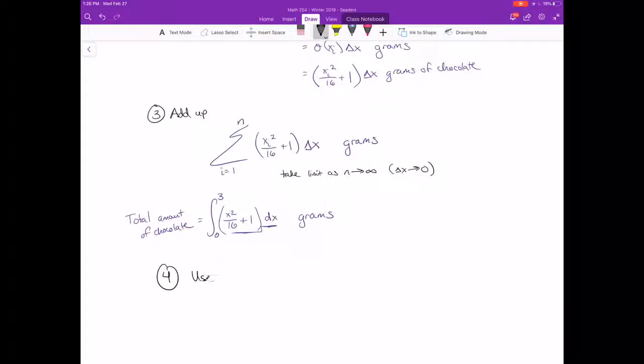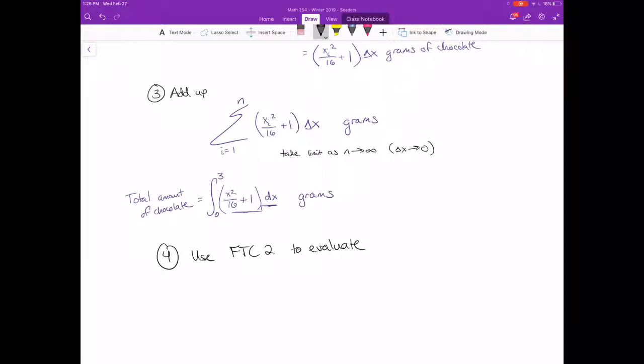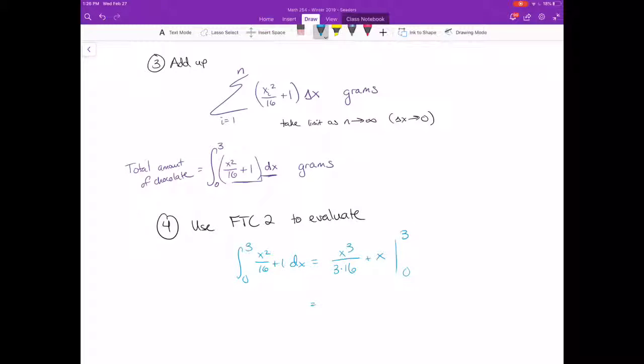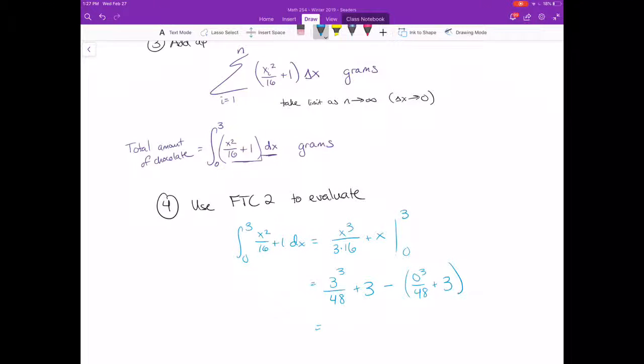So I'm going to use the fundamental theorem of calculus part 2, which says I can find this sum using the change in antiderivatives, which means the total amount of chocolate is going to be x cubed over 3 times 16, plus x, from 0 to 3, which is 3 cubed over 48 plus 3, minus 0 cubed over 48 plus 3, which becomes 27 over 48 plus 3.